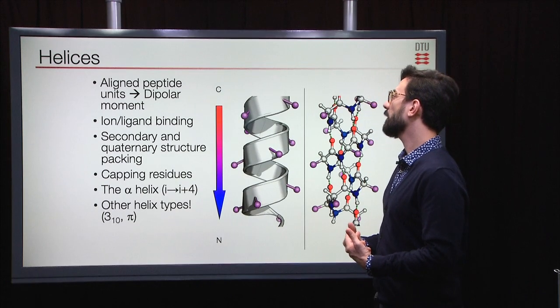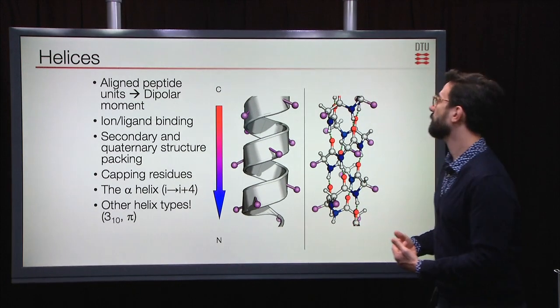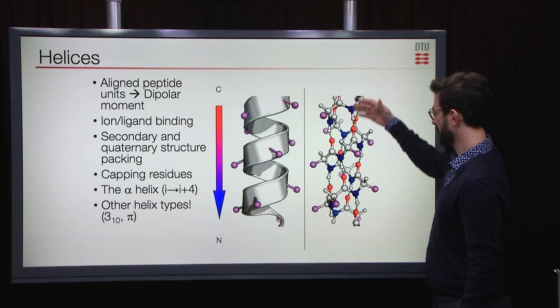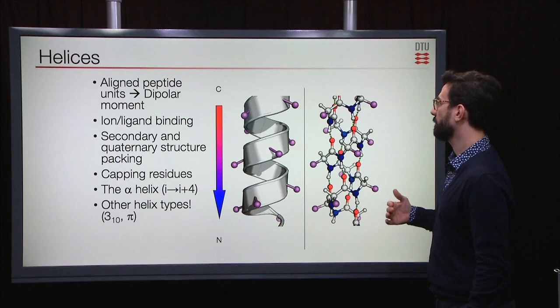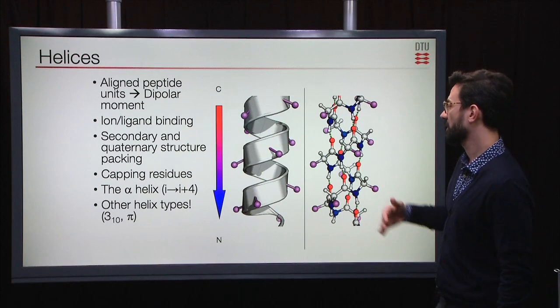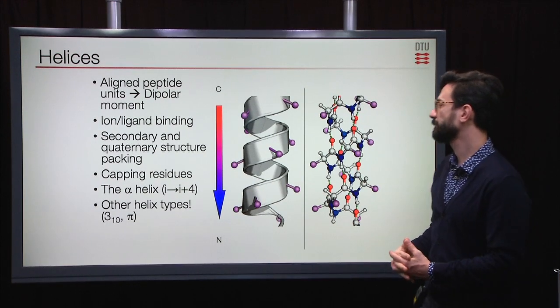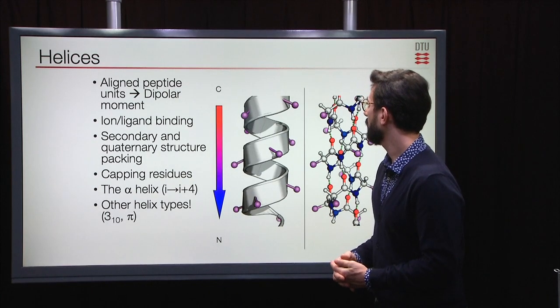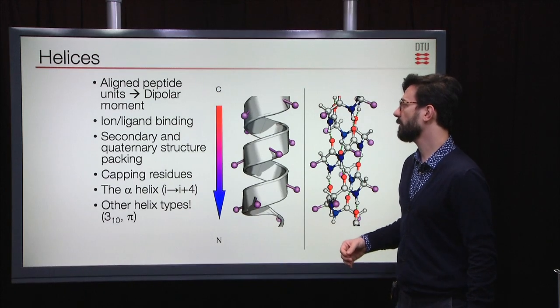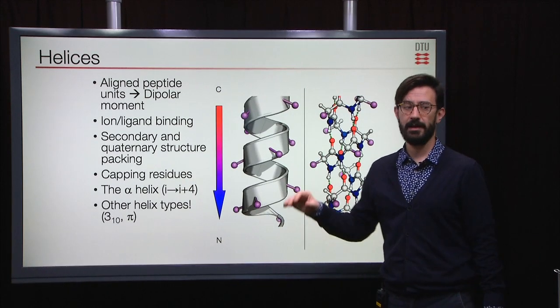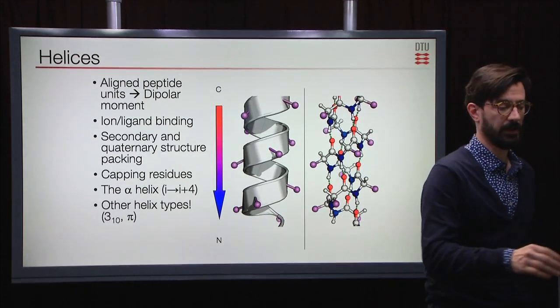In this way, helices create a dipole moment in the protein, with a local partial charge along the helix. We will see that there is an amino acid preference and that we have specific amino acids at the end of the helix.